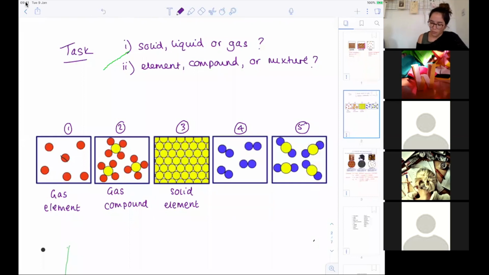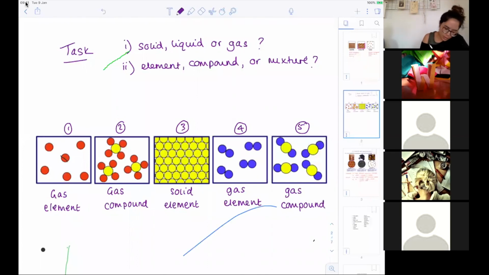Next up, number 4, we have another gas. It contains only one type of atom, so we have an element. And then number 5, we have a gas again because the particles aren't touching, and we also have a compound because we have multiple elements.